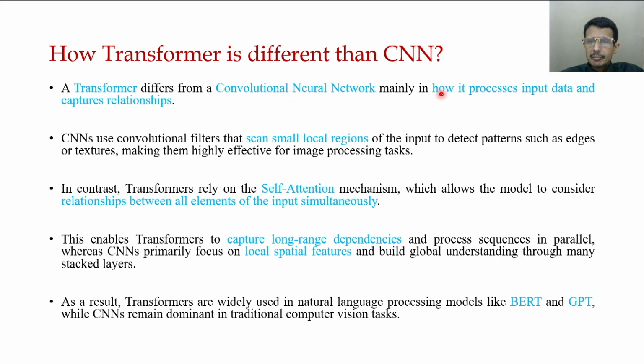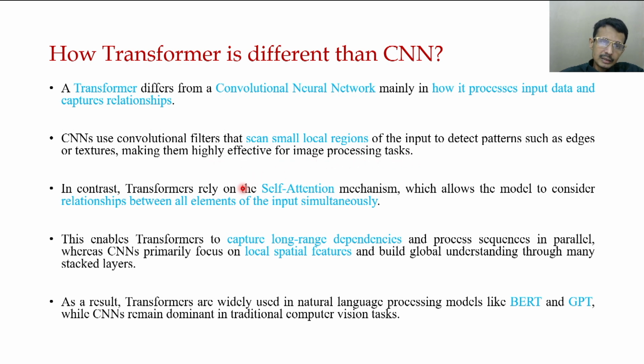It differs from CNN mainly in how it processes the input data and captures relationships. CNN uses convolutional filters and scans small local regions, because the effective field of these convolution kernels is local in an image. These small local regions of the input are used to detect patterns such as edges and textures, making them highly effective for image processing tasks.